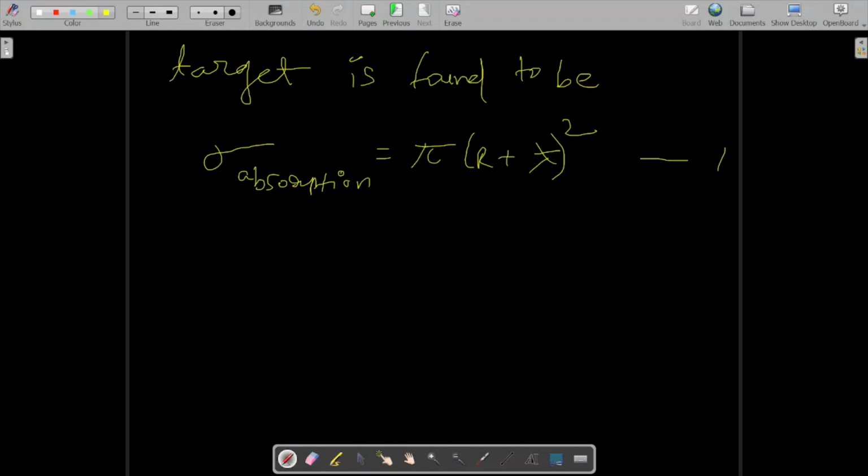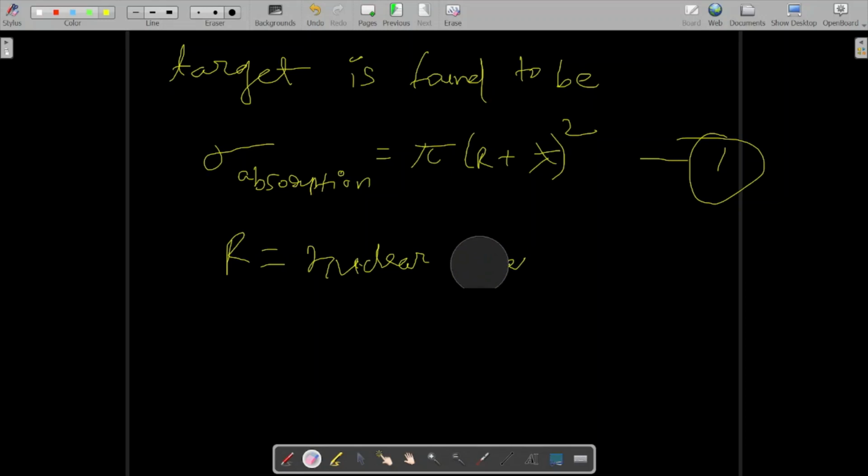Okay, this is your equation number 1, where r is equal to your nuclear radius.